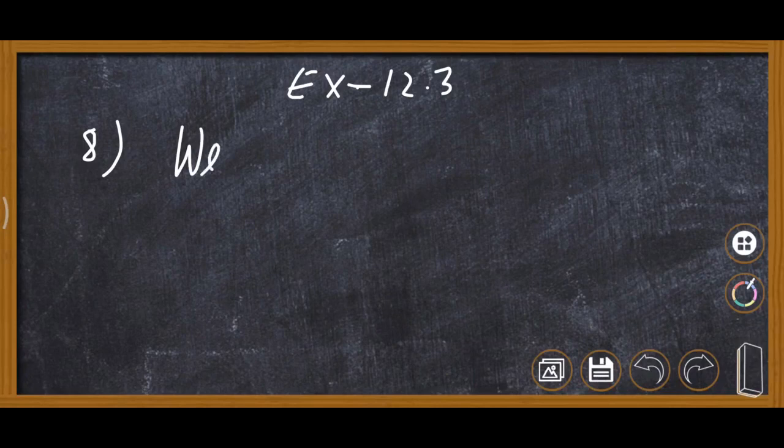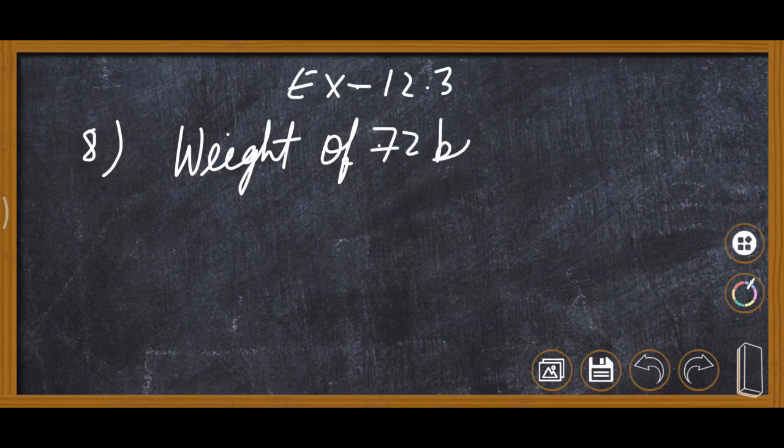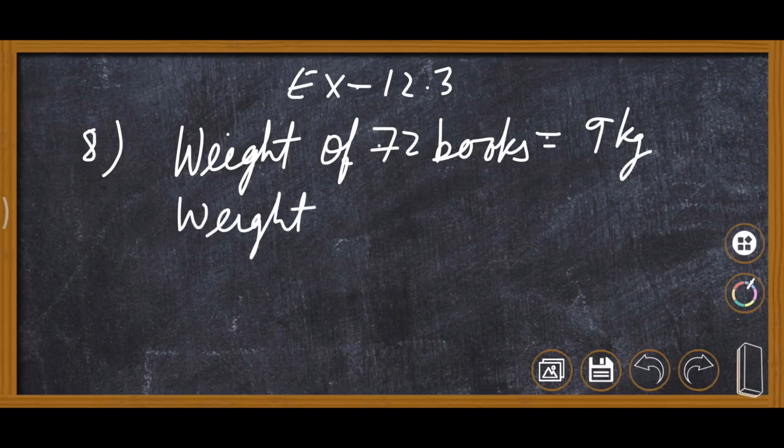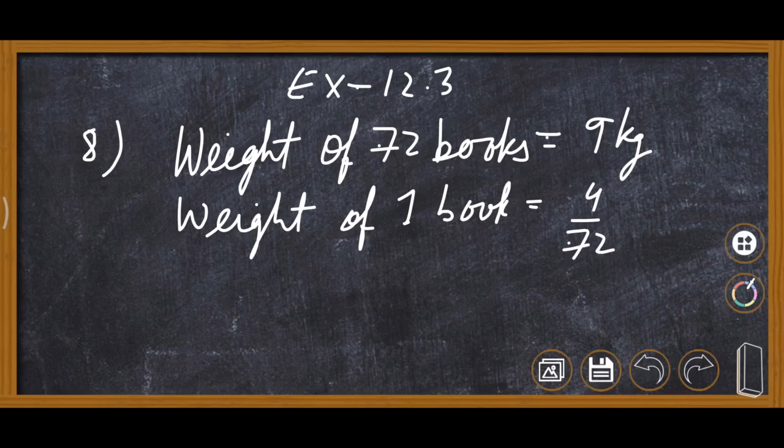Now this is the solution of question number 8. Here is given weight of 72 books. This is 9 kilogram. Now we will find weight of one book. This is 9 upon 72. So we can cut: 9 ones are 9, 9 eights are 72. So here answer is 1 upon 8.